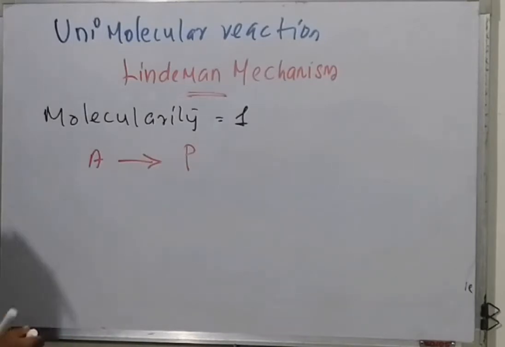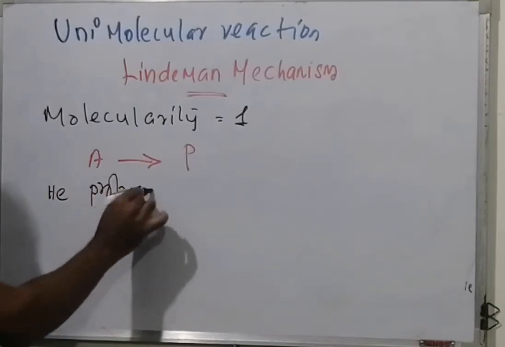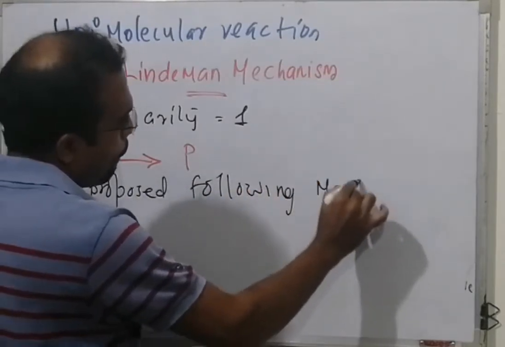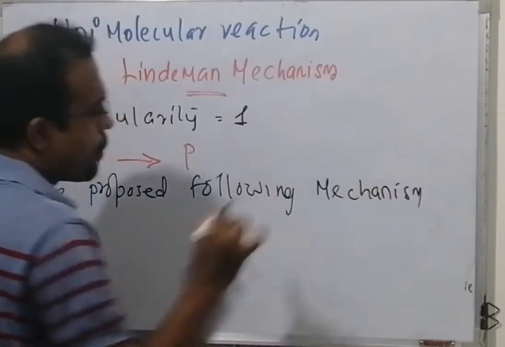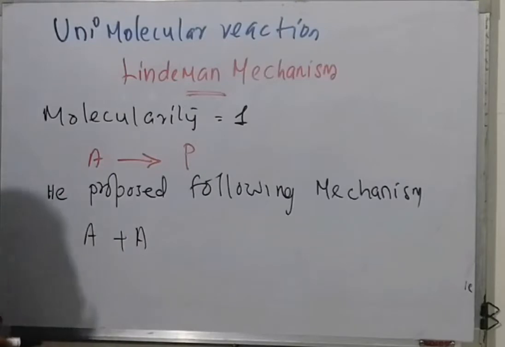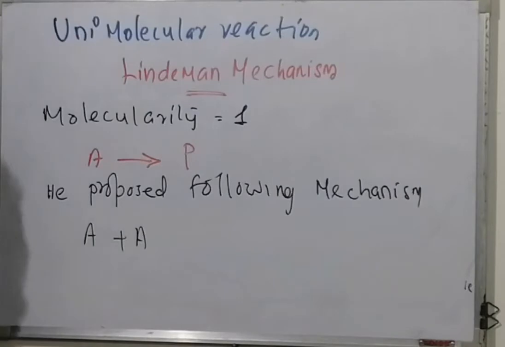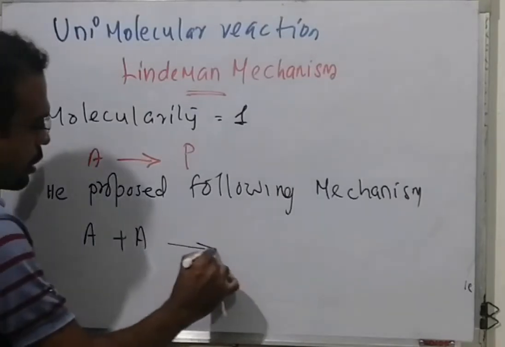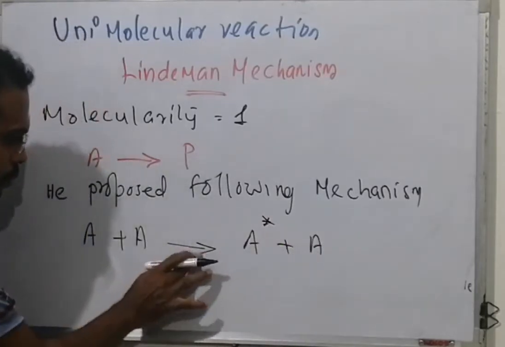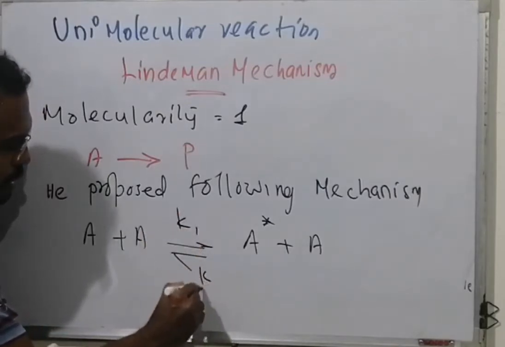According to the Lindemann mechanism, he proposed the following mechanism. 2 A molecules collide, so the molecularity is 2. He says 2 A molecules collide and you get an A star molecule plus an A molecule. He gives this K1, and this is K minus 1.